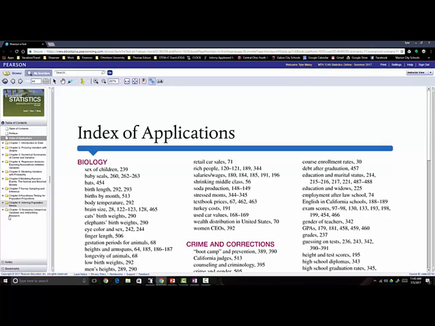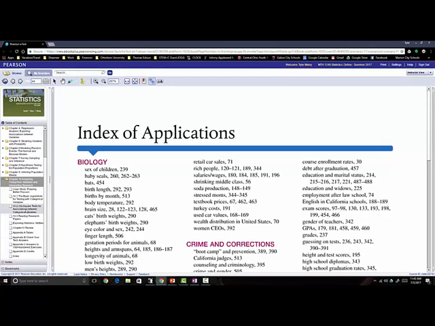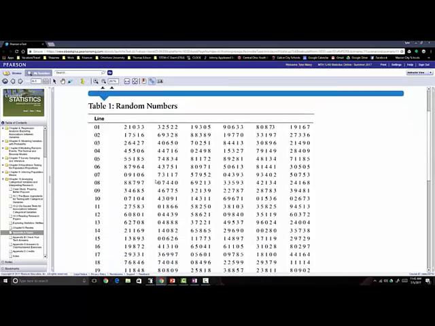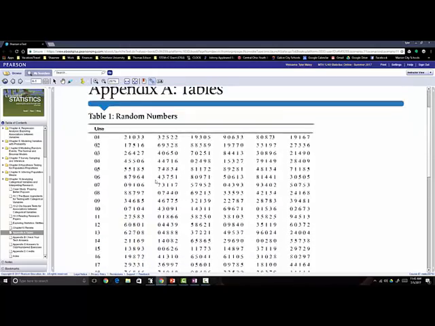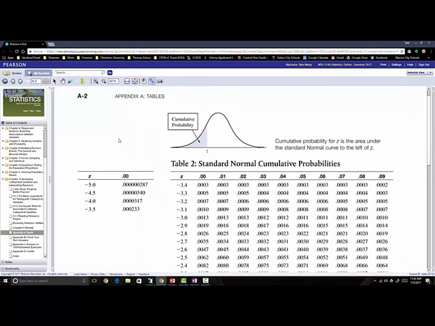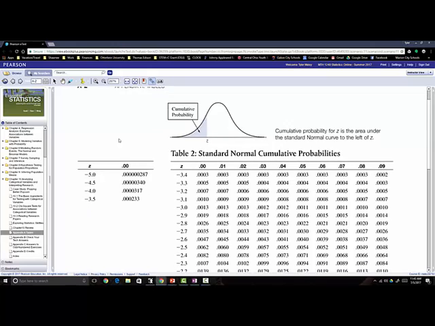Here's the appendix. If you open down chapter 10, they put it in there. Appendix A has tables. Here's a table of random numbers that we've talked about before. If you go to the next page, here are the tables for the standard normal cumulative probabilities.